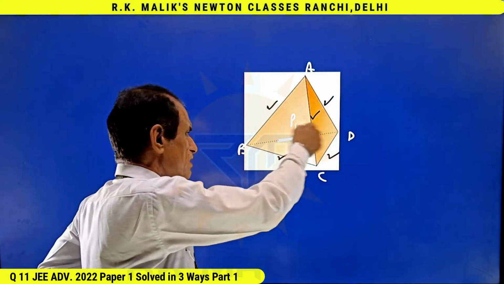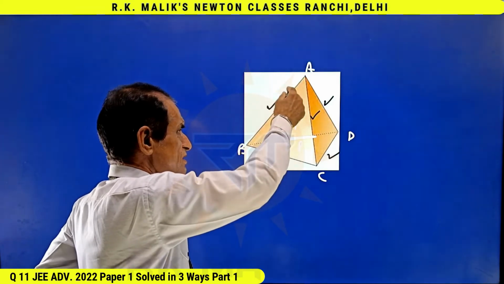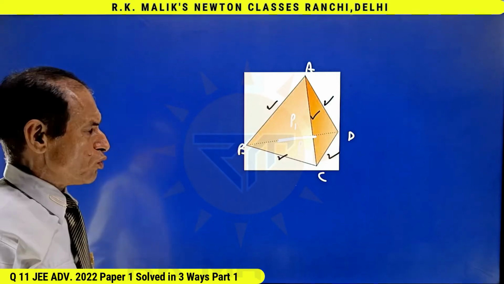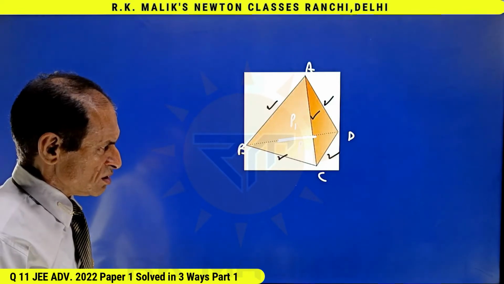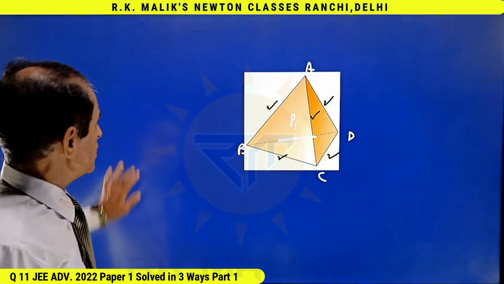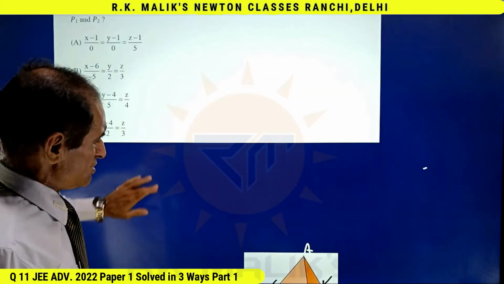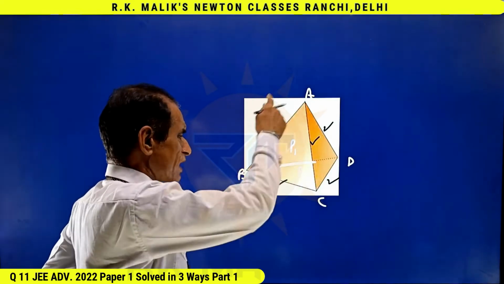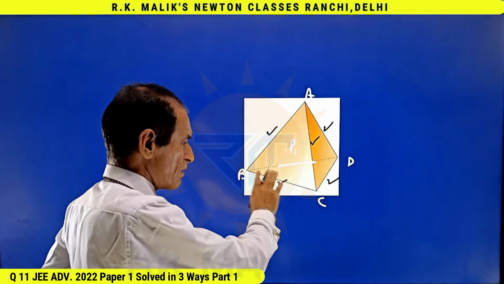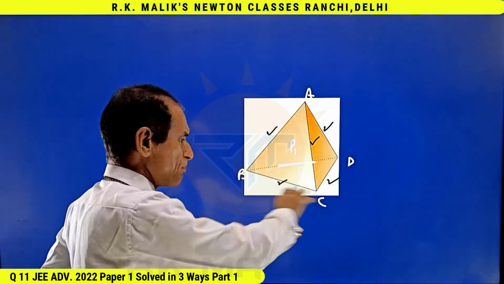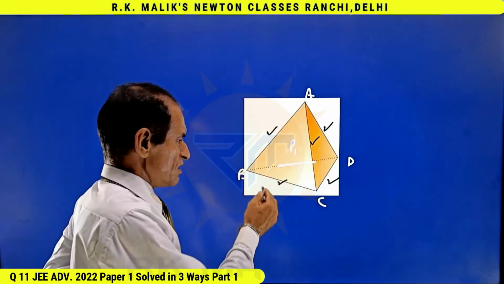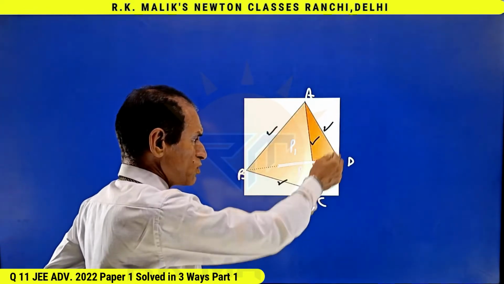If that line completely lies on the plane P1, then that line can become this edge or this edge. The other possibility is the line completely lies on the plane P2. In that case, line can become this edge or this edge.